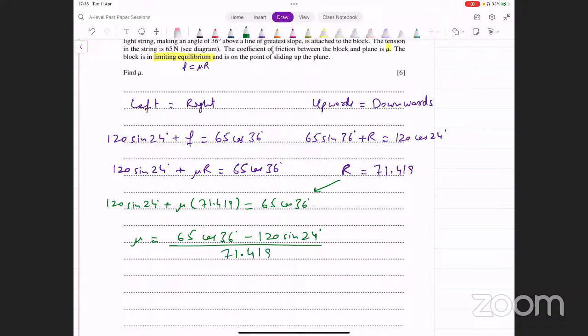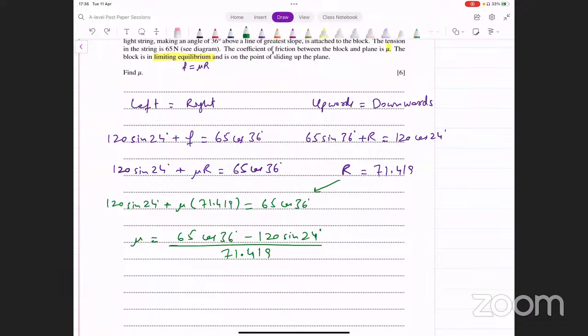If you want, you can convert this to decimals at an earlier point as well. बस अगर आप decimals में करें, make sure that you are using a higher level of accuracy, ज़्यादा decimal places या ज़्यादा significant figures आपने use करने हैं ताकि final answer सही आ रहे हो, ठीक है. Let's evaluate this: 65 cos 36 minus 120 sine of 24 divided by 71.419.